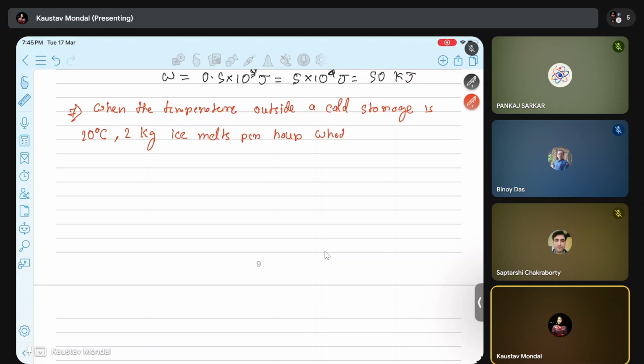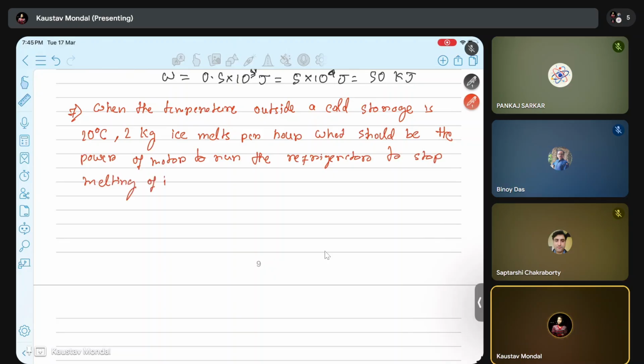What should be the power of the motor to run the refrigerator to stop melting of ice?